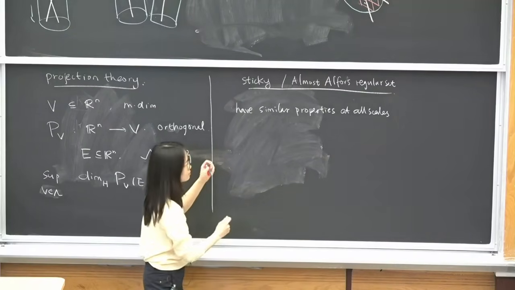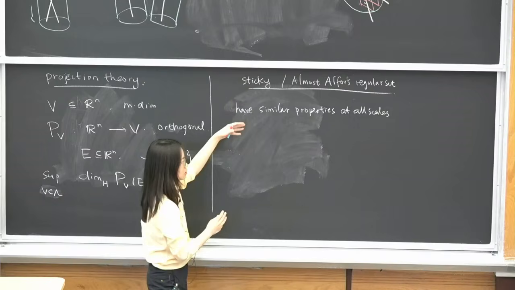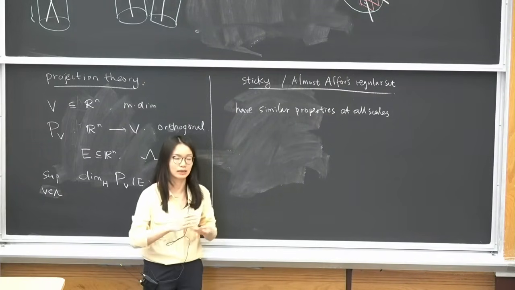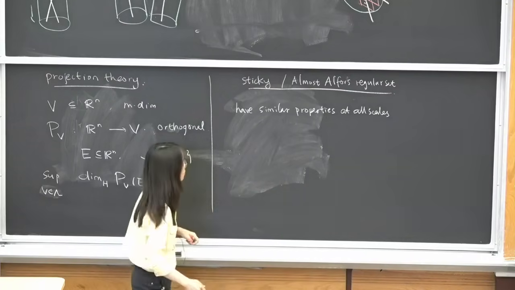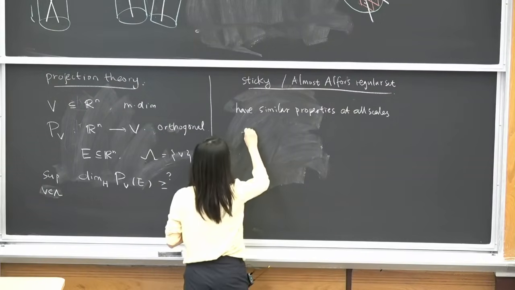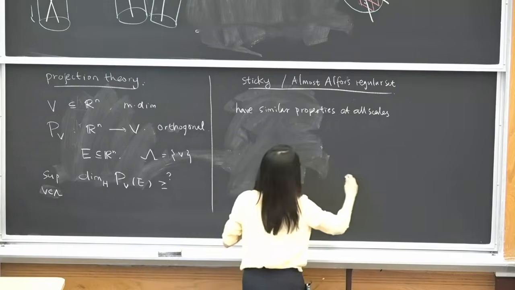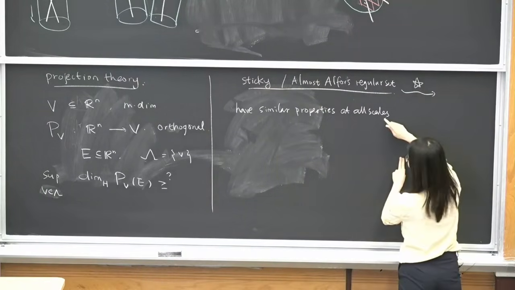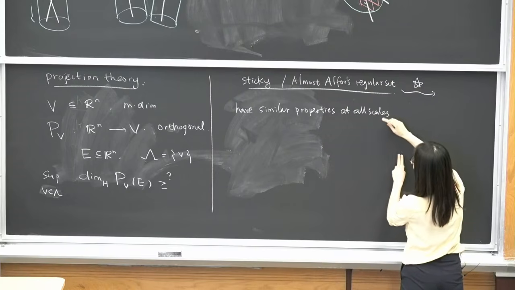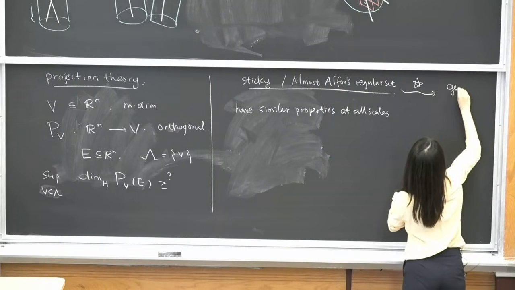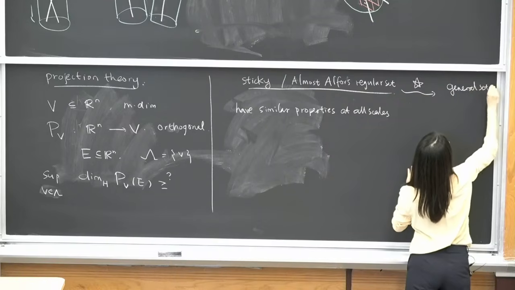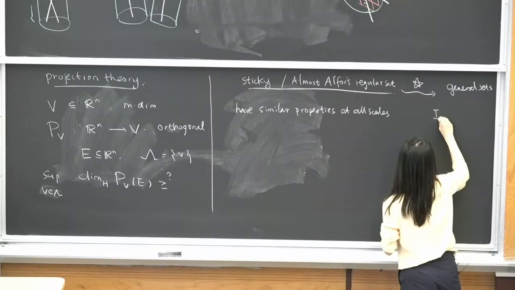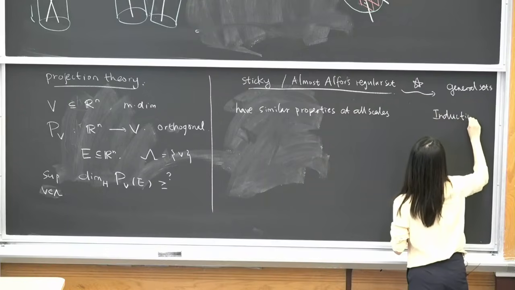So this is a special class, and people found that it's easier to study problems in this special class because it obeys very similar properties, and it's easier to do inductions. And then there is the problem of how to go from sticky sets to general sets. For this, we use induction on scales.